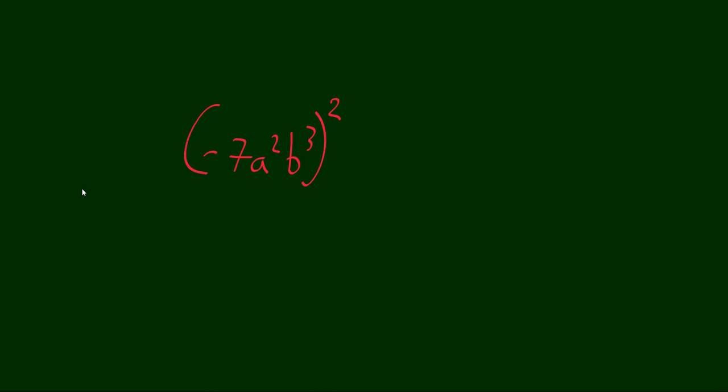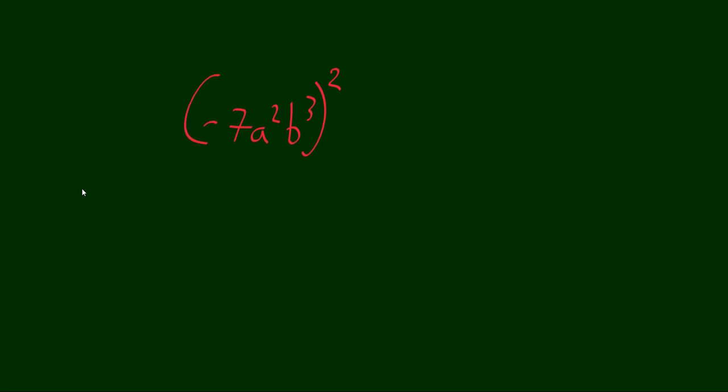Here we've got negative 7a squared b cubed, all squared. If you're squaring something, you can think of it two ways. One of them is that you're multiplying it by itself, which is fine.